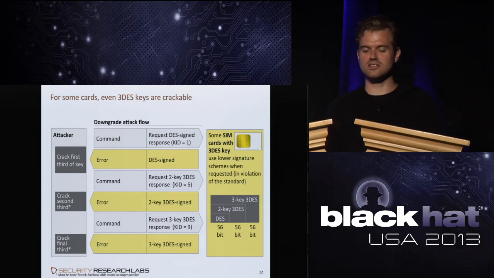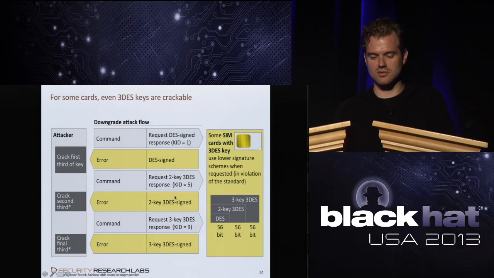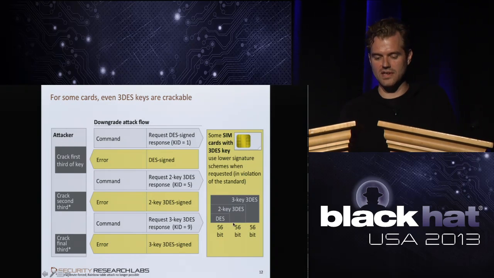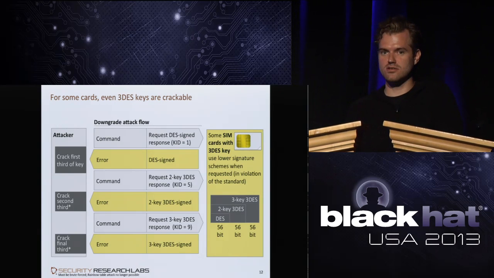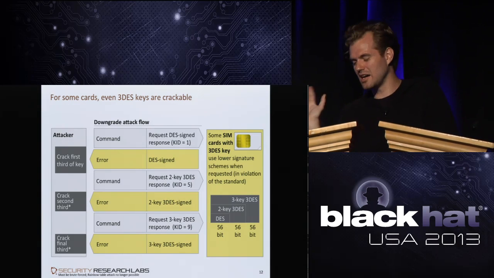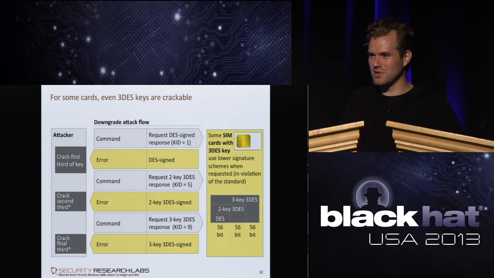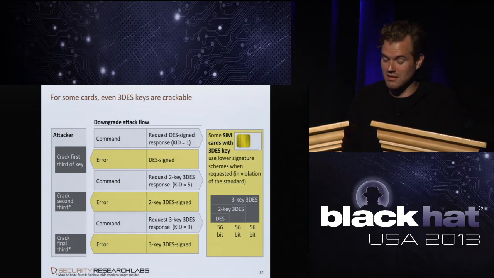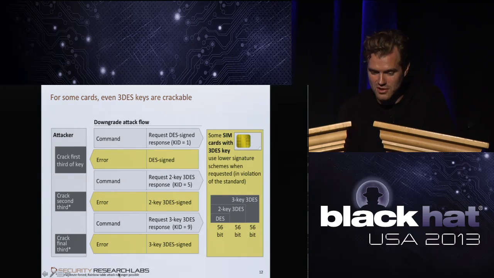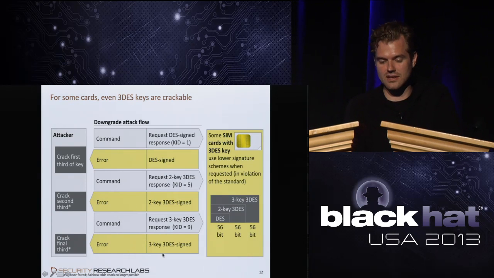You send another command and it signs it with the whole 112-bit entropy key, of which you already know half. So this simplifies into, again, the problem of breaking 56 bits, the same problem that you already solved before. This time, unfortunately, no rainbow table use is possible, so this is a little bit more effort, brute forcing. And you do it one more time if there is, in fact, 3-key triple DES; 2-key triple DES is also very popular.